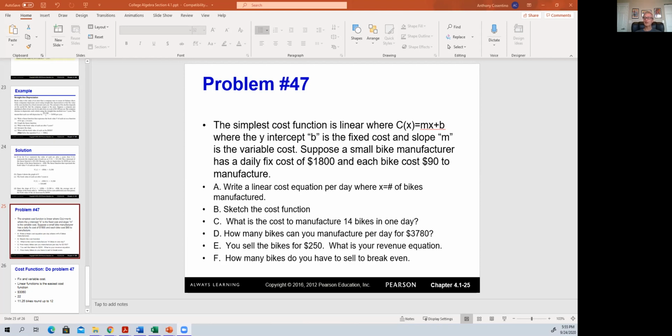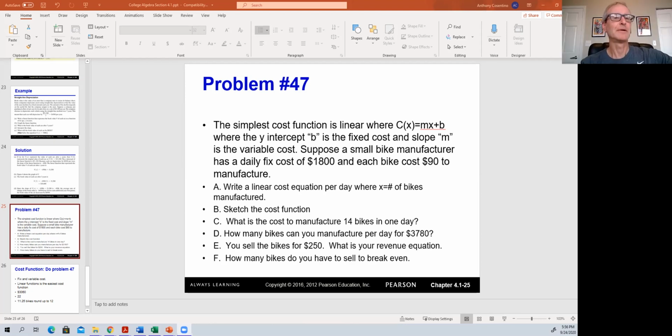In this case, we've defined it as each bike costs $90 to make, and every day there is a fixed cost of $1,800. When we talk about equations, this would be the first one.